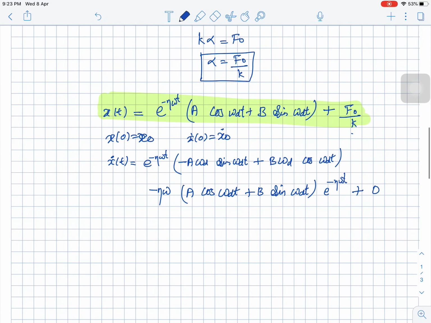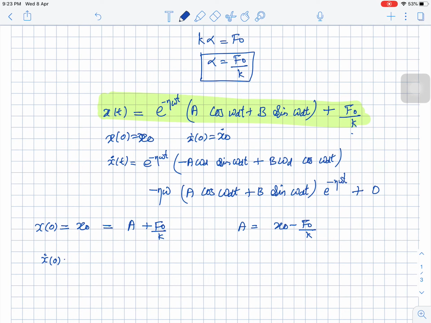Now we substitute the condition x of 0 equal to x naught equal to a plus f naught by k, therefore a equal to x naught minus f naught by k.